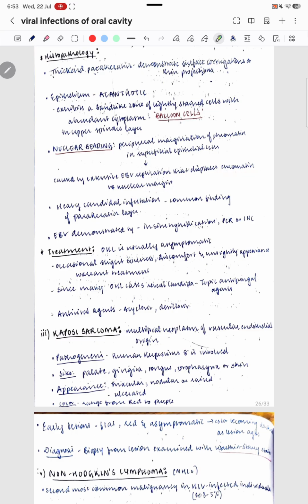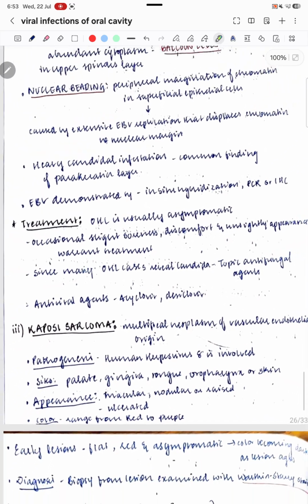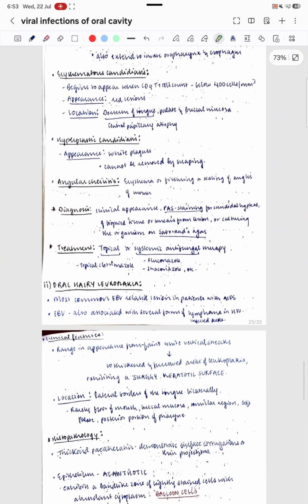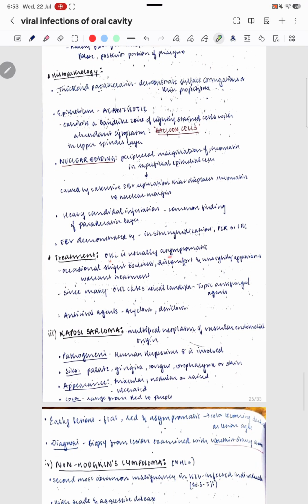Then you have candidal manifestations which are seen in these patients as well. Now for treatment, oral hairy leukoplakia is usually asymptomatic, so you do not require treatment.